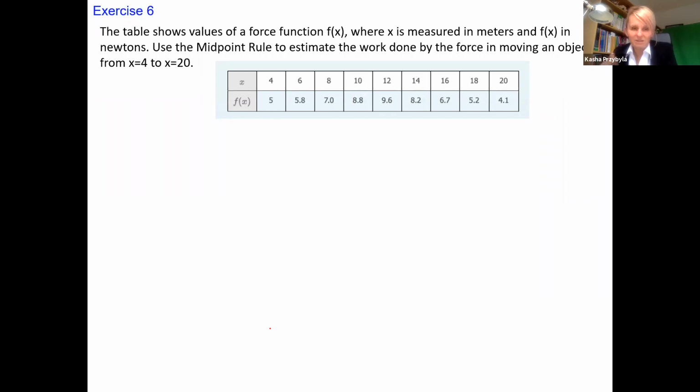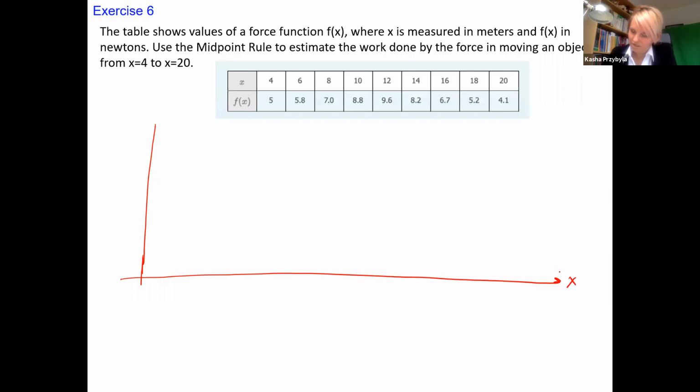We can probably see everything, but let's plot these points. We don't have to, but I just want to. This is x, and that's force. When x is 4, the force is 5.